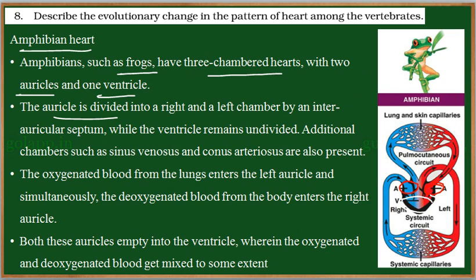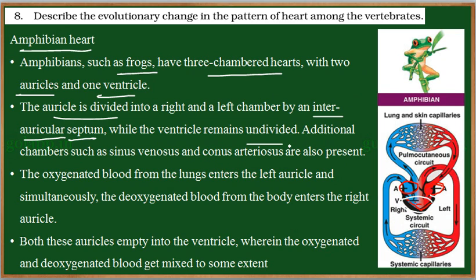So there will be no mixing of the blood in the auricles. The upper chambers are divided by a structure called septum. It is called the interauricular septum. It separates the right auricle and the left auricle. But if we consider the ventricle, this portion, it is not separated, it is undivided.